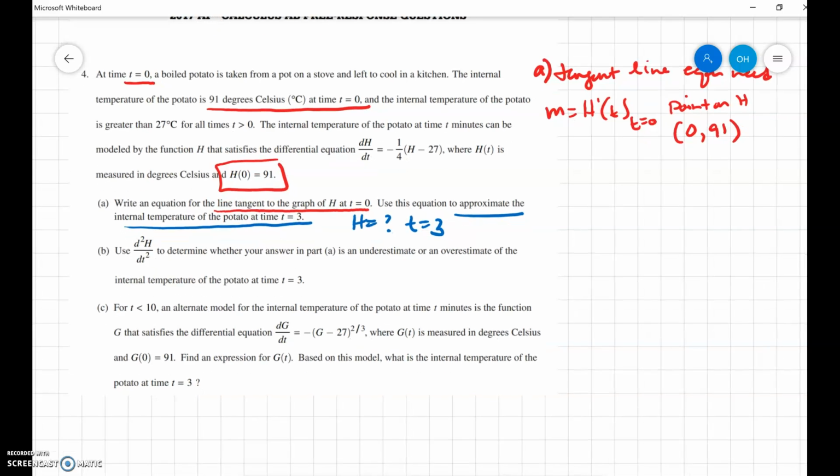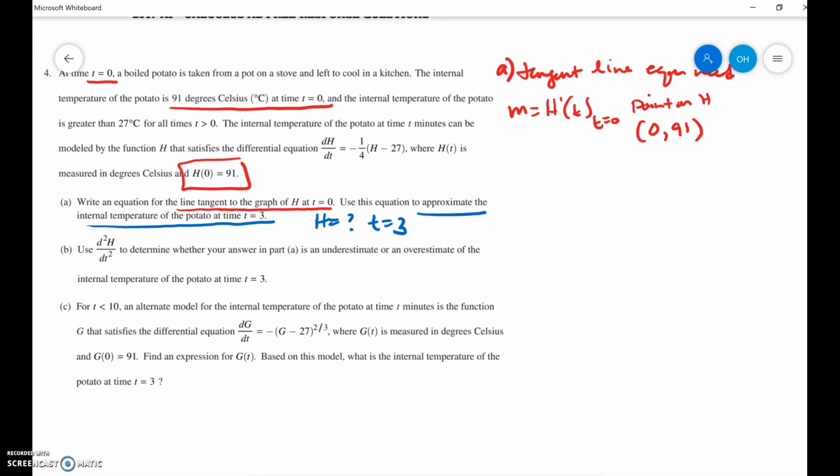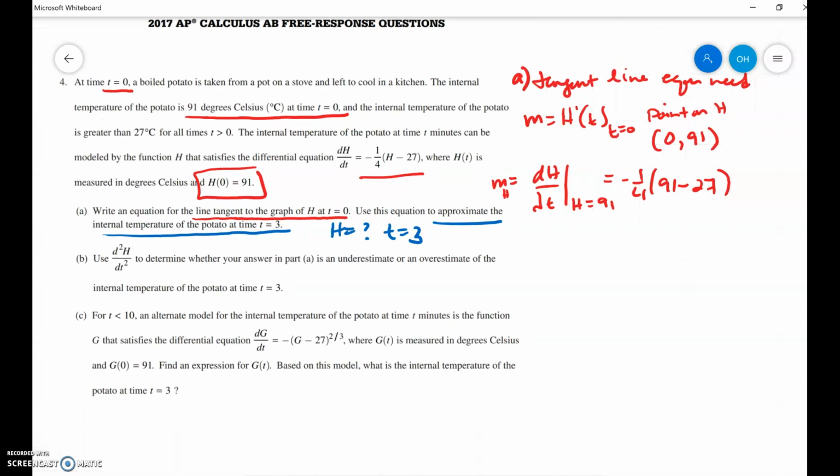All right, so for the slope of h is equal to dh dt, and we're going to evaluate that at h equals 91. I'm not evaluating at t equals 0 because if you notice there's no value for t to plug in. So I have negative 1/4 times 91 minus 27. I'm literally using this equation right here.